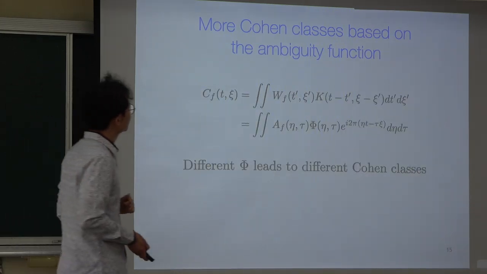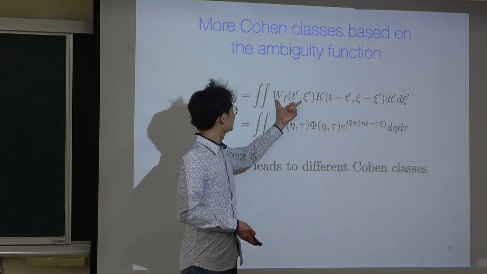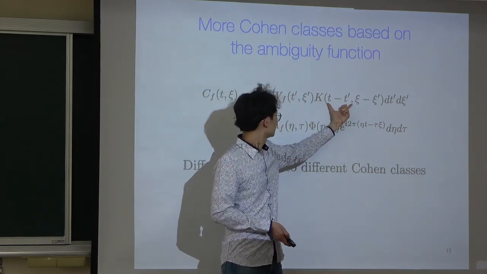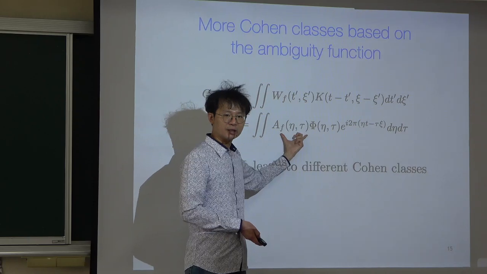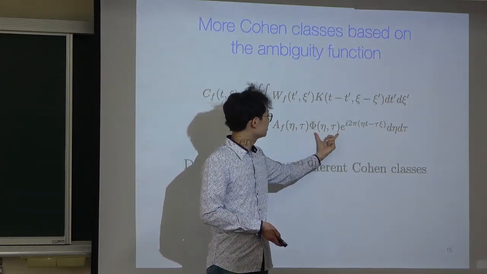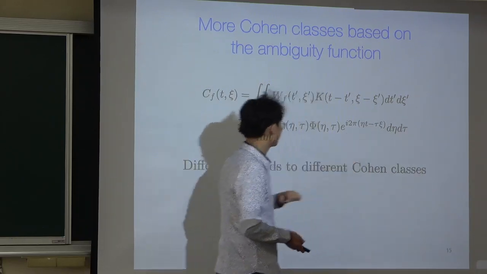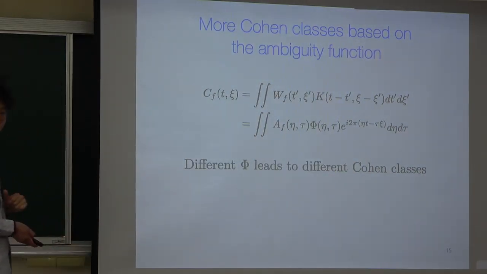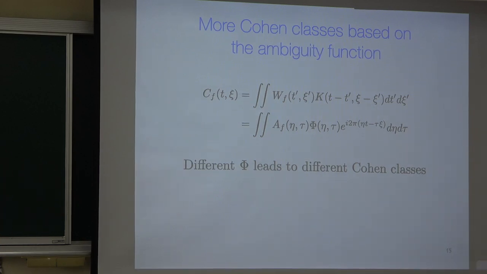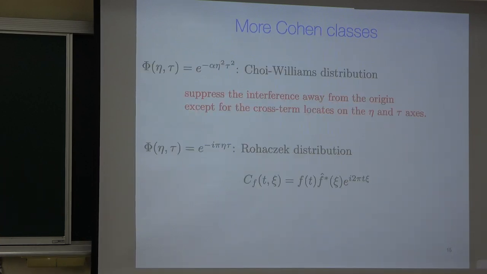So you can also consider, not the Wigner-Ville distribution smoothing, but in the ambiguity domain, you multiply the ambiguity function by some window, and you run the Fourier transform. That will be another set of Cohen class distributions you can consider.